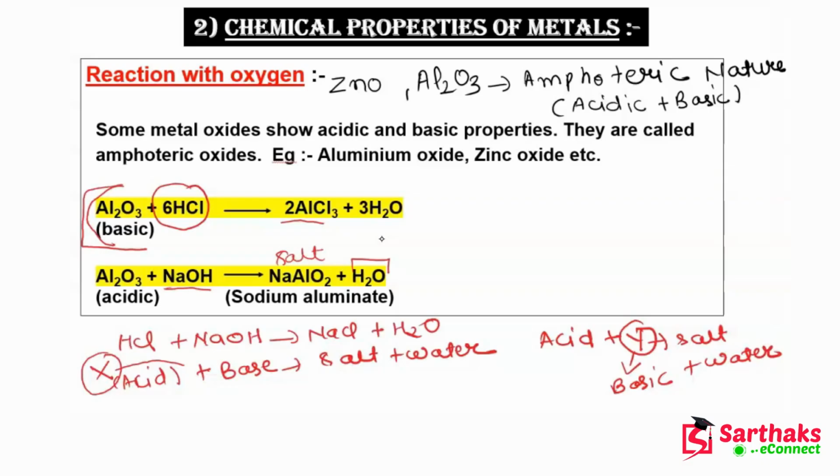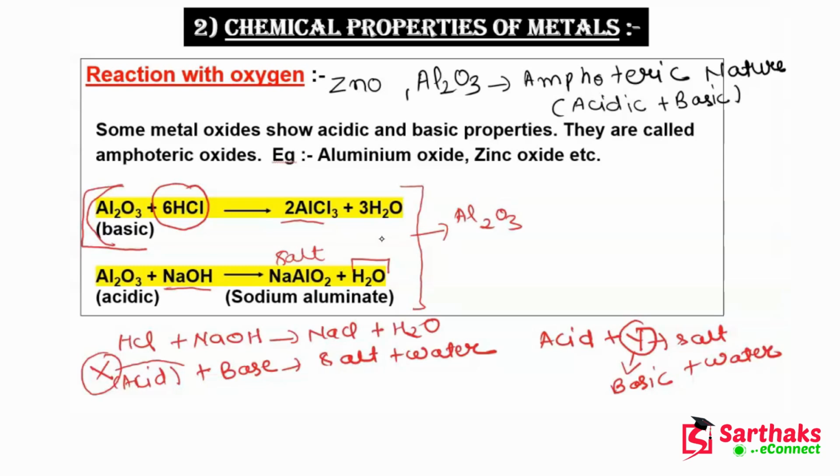Okay, so I hope guys by these above reactions you might have been able to understand why Al2O3 is amphoteric. Why Al2O3 is amphoteric? Because it is showing both behaviors.